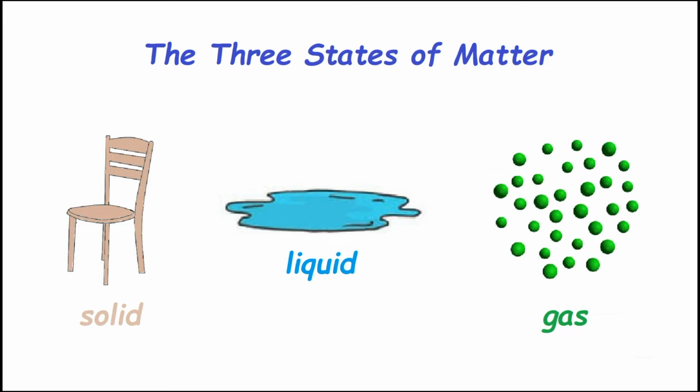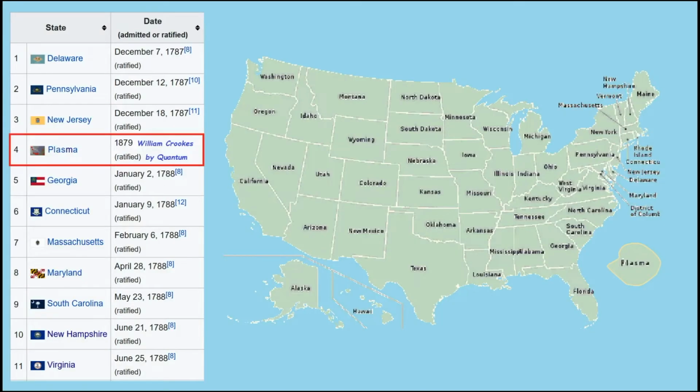But these people have created what they call the 4th state of matter. The 4th state. They say plasma is the 4th state. And I looked it up just to make sure, because I always thought Georgia was the 4th state. And I verified that, yeah, Georgia is the 4th state.